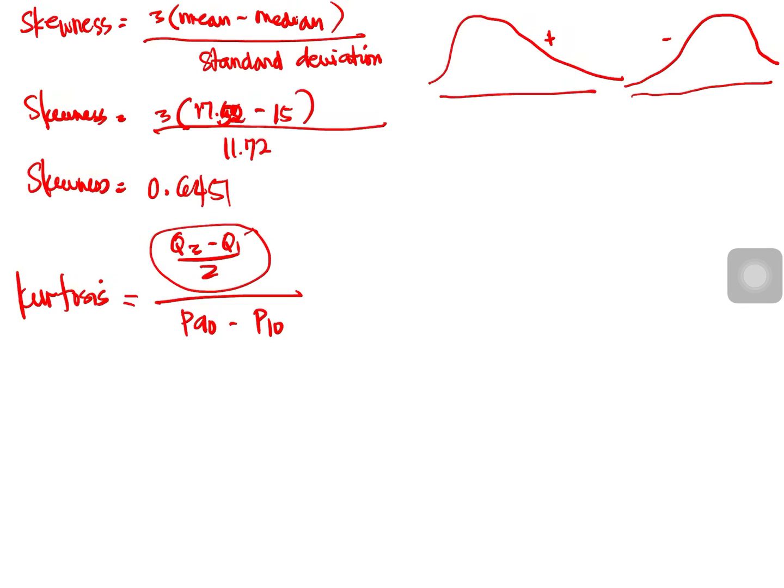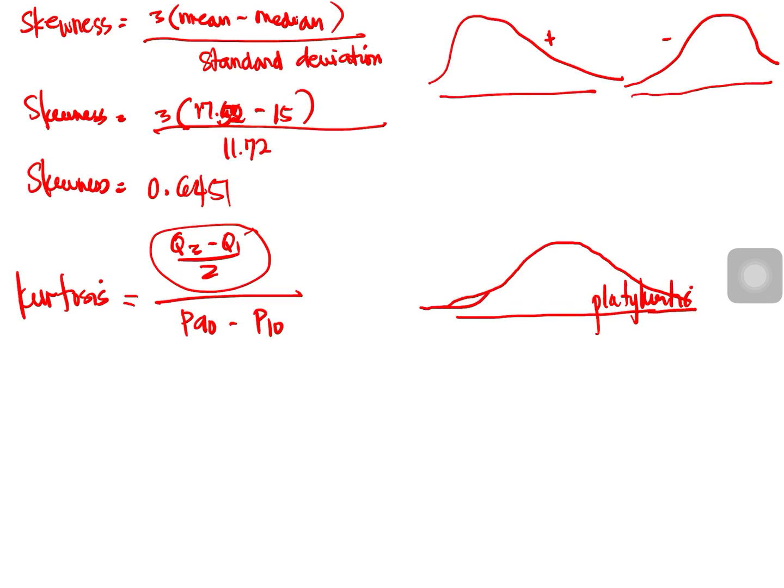Okay, in kurtosis, we can have this distribution, which is negative kurtosis or platykurtic.